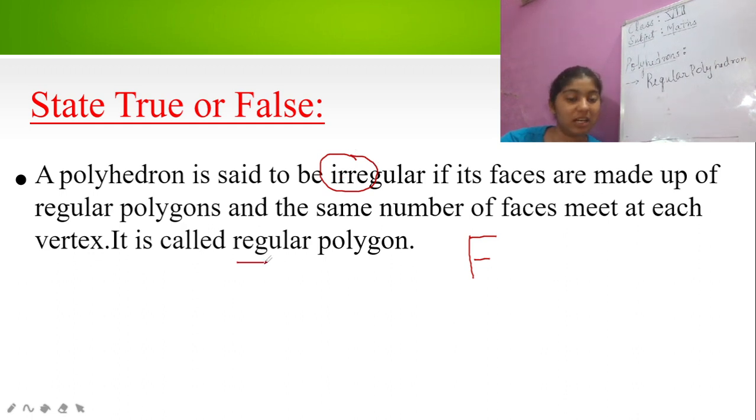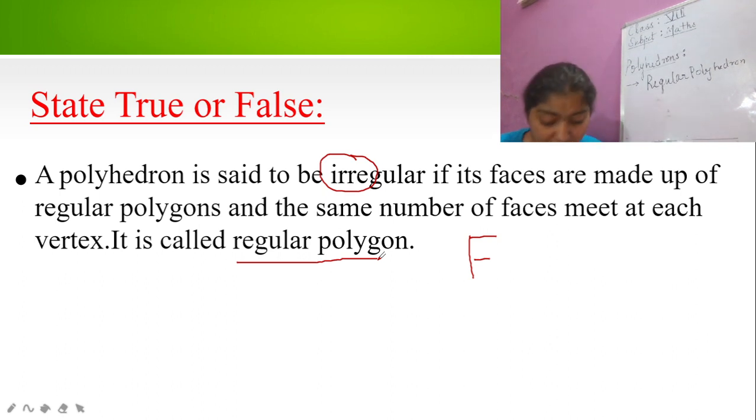Every face of a regular polyhedron must be a similar face. If it is a square, then all should be squares. If it is a rectangle, all should be rectangles. If it is a triangle, then all should be triangles. So that way we come to know that it is a regular polyhedron.